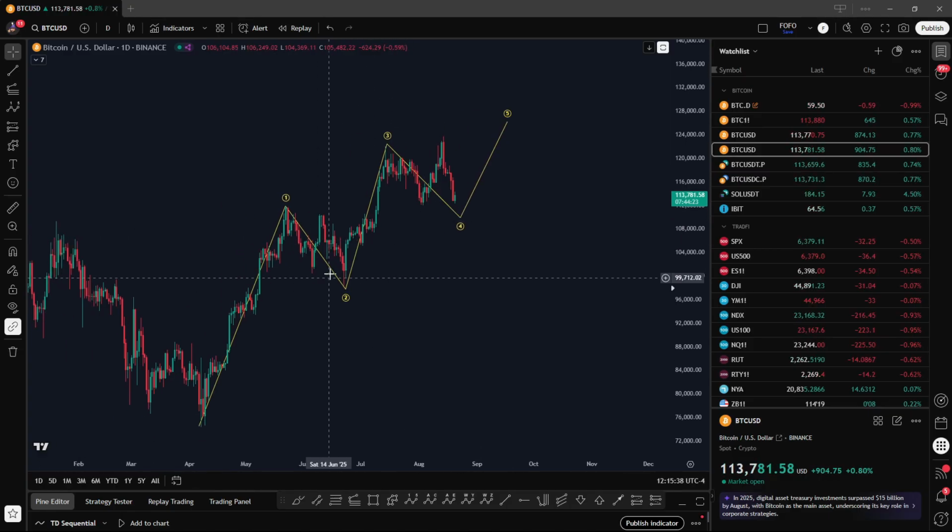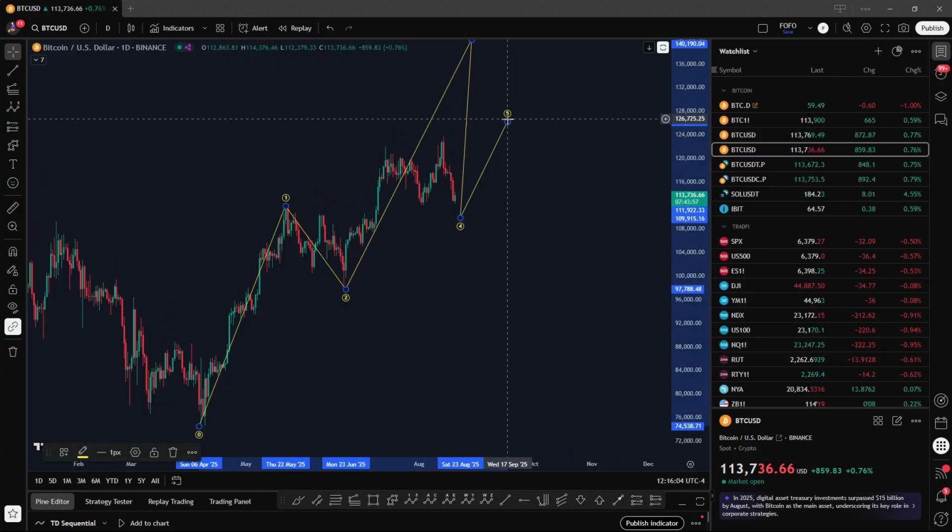The second thing is there is not a way to make this move here. There is a way to make this an impulse. There is not a way to make that an impulse. Can't do it. That's a zigzag all day long. You can't. The third wave has to be an impulse if you're going to have an impulse. So that is completely wrong. You can't do that.